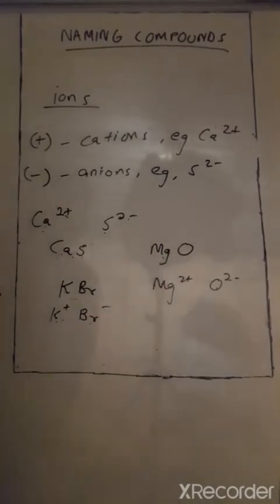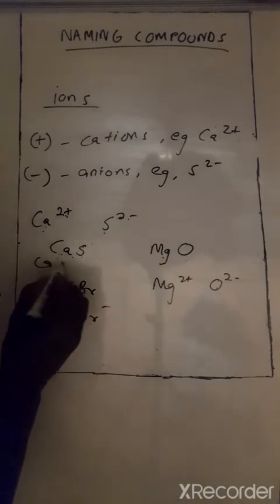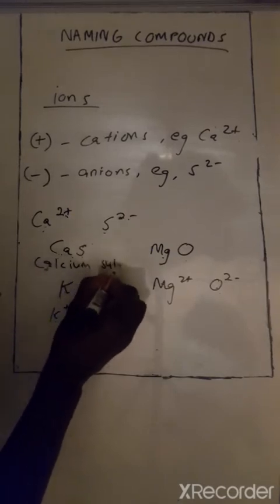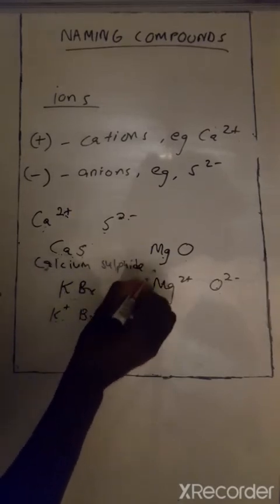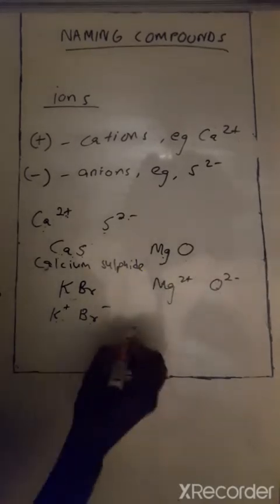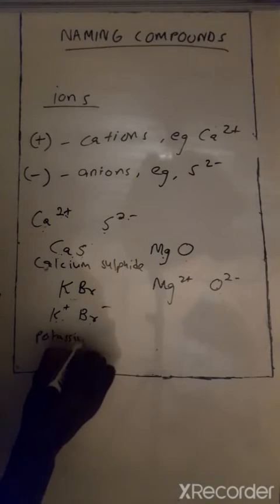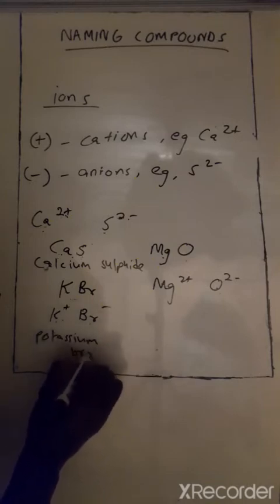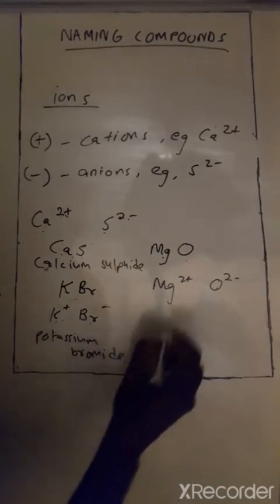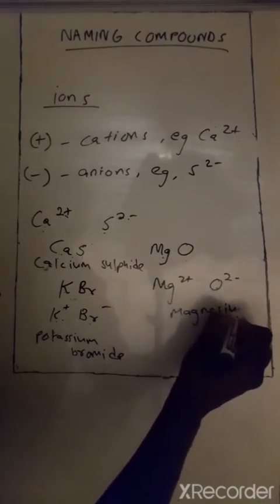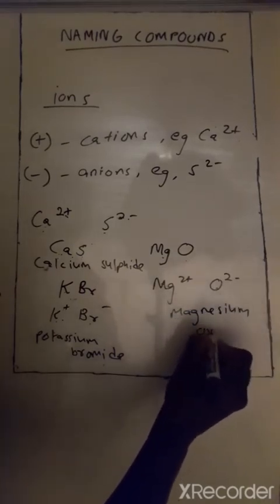Okay, now I want you to focus. Here we have calcium sulfide, and here we have potassium bromide, and then we have magnesium oxide.